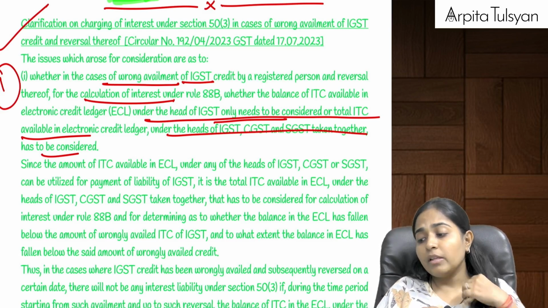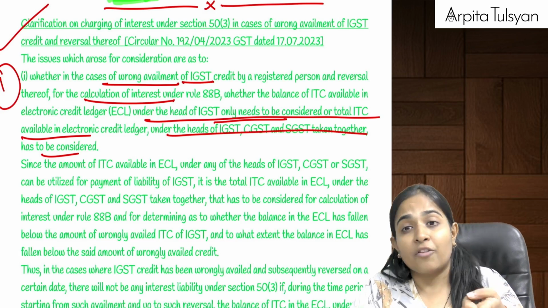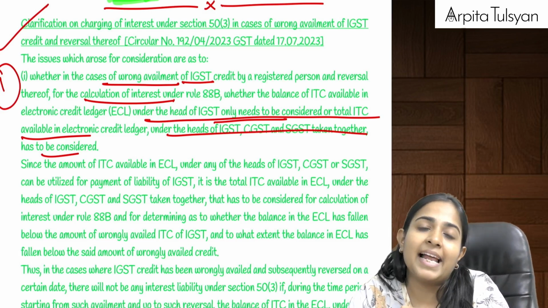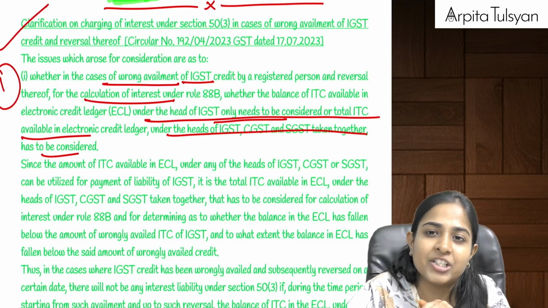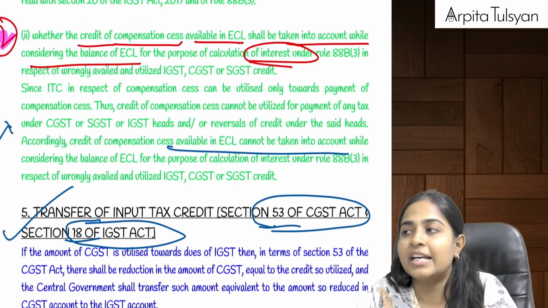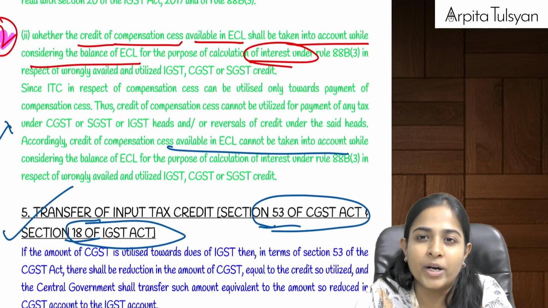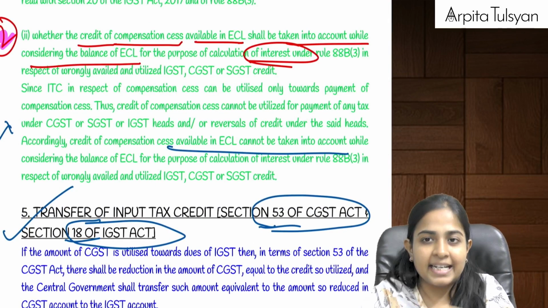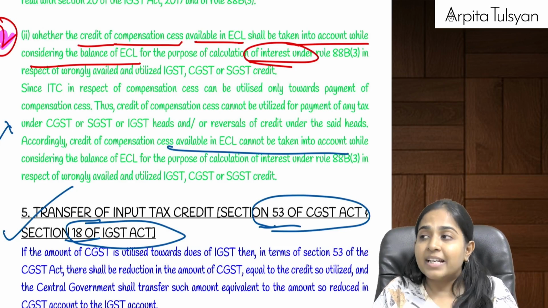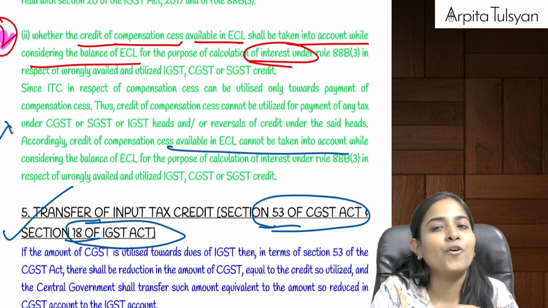Yes. Okay, but now the second question which came to mind was, what about the compensation cess? Will that be included while calculating the total of electronic credit ledger? So answer is no. If you have any credit of compensation cess available, that will not be included in your electronic credit ledger for the purpose of interest calculation, because any credit of compensation cess can be used only for payment of compensation cess.